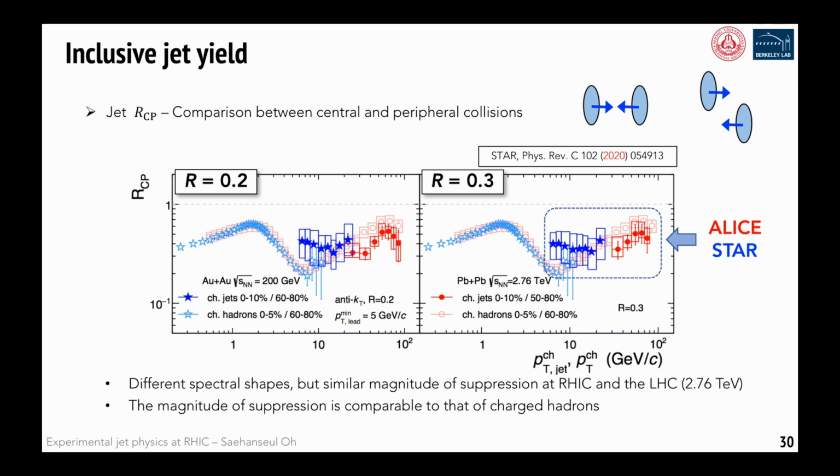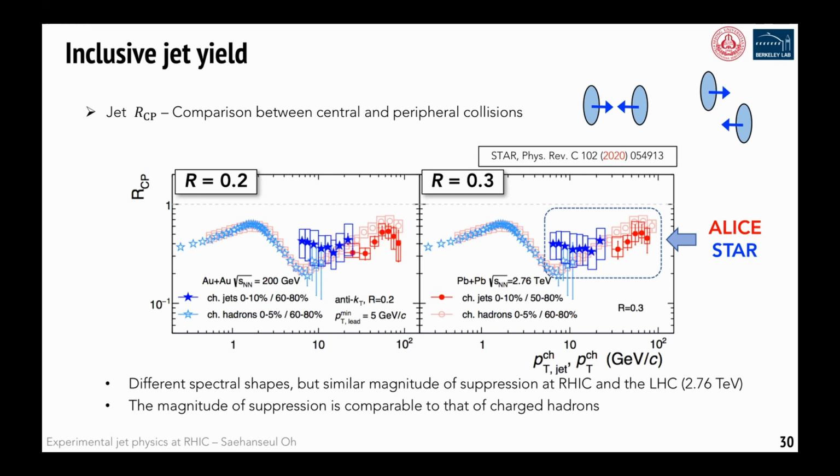STAR's results are much steeper than ALICE. But once we have the RAA, this shape information is just washed out. We can't really see the spectral shape anymore. You just see the ratio between central heavy ion and PP. So the RAAs become very similar, although their shapes are very different.